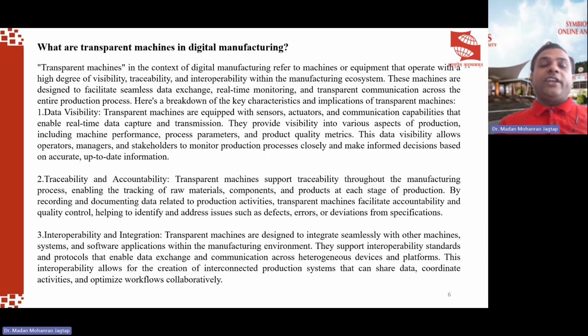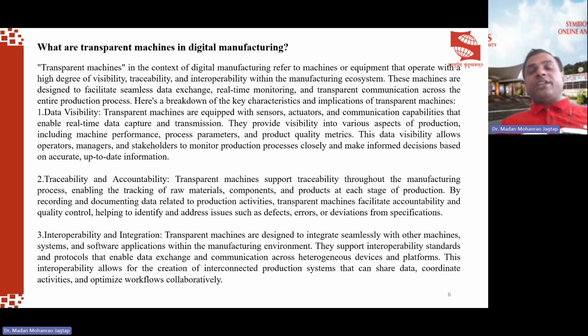By recording and documenting data related to production activities, transparent machines facilitate accountability and quality control. By tracking all these steps, it helps to identify and address issues such as defects, errors, or deviations from the specification.